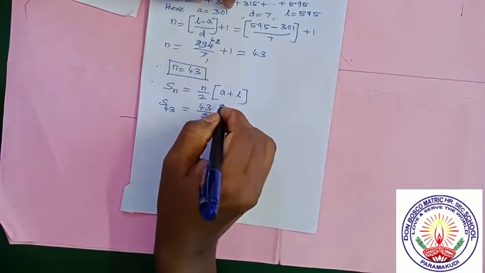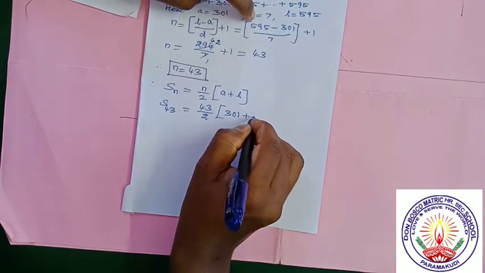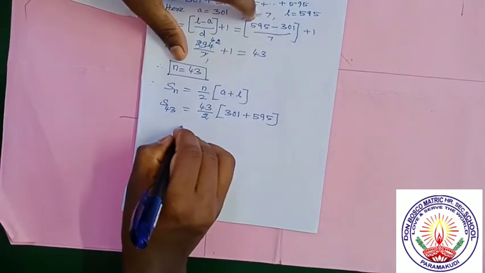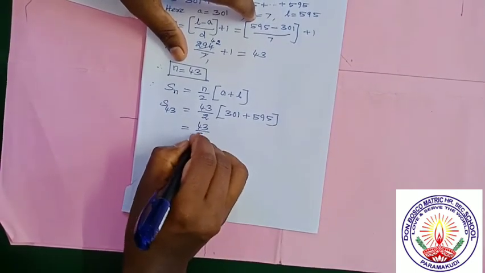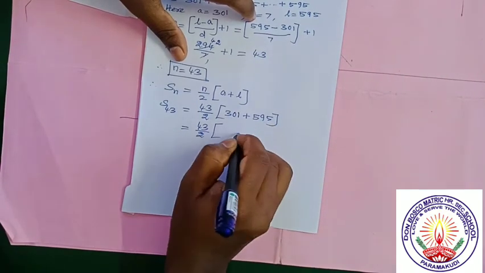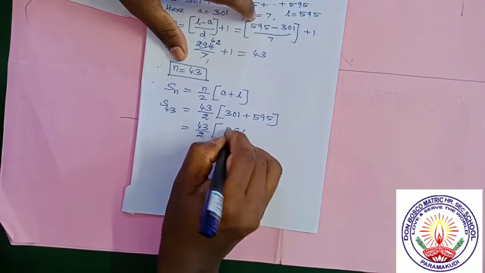A is equal to 301, l is equal to 595. So which is equal to 43 divided by 2 into, just add the values, 5 plus 1 is 6, 0 plus 9 is 9, 3 plus 5 is 8.